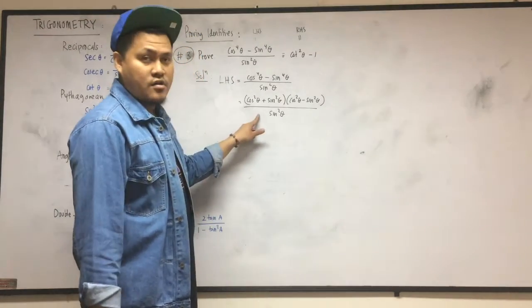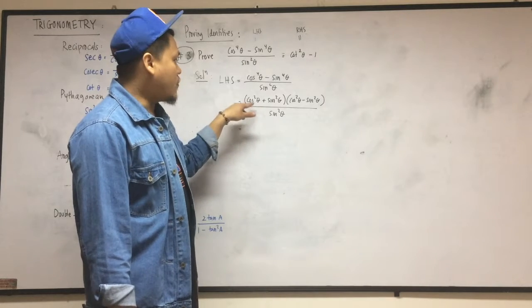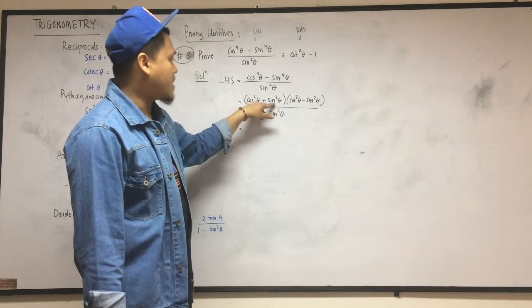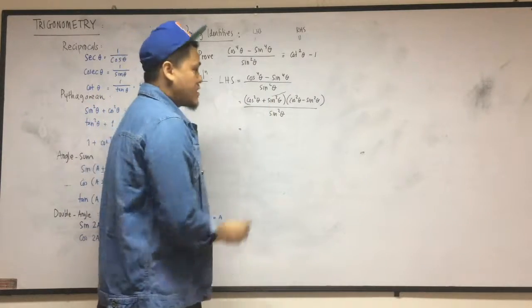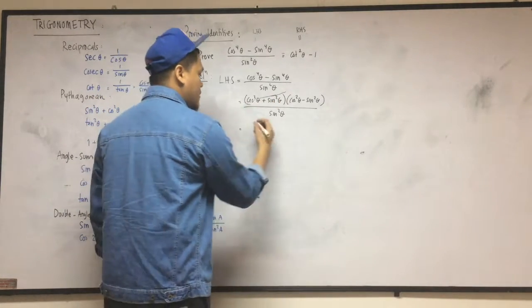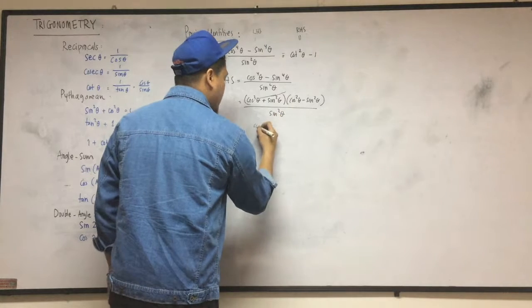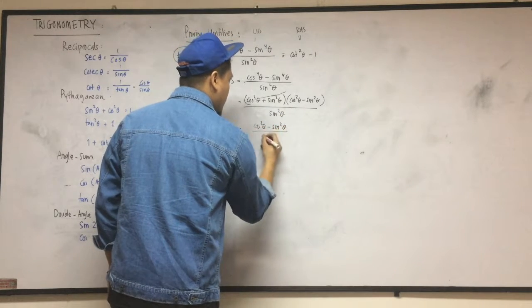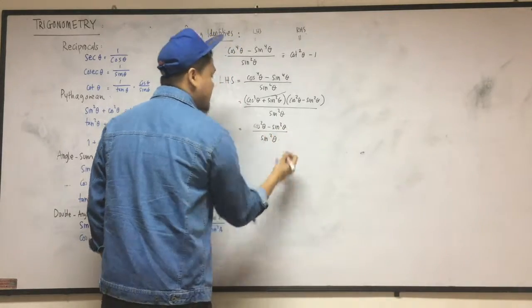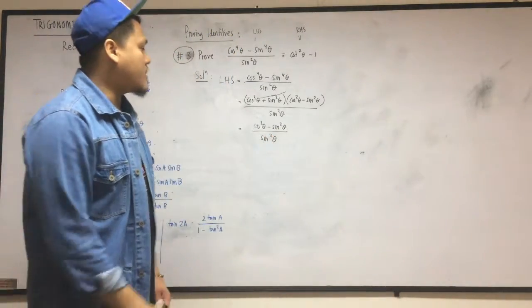Now, from here, you know for a fact that cos squared theta plus sine squared theta is equal to 1. So we're just going to erase all of that expression, leaving you with cos squared theta minus sine squared theta over sine squared theta.